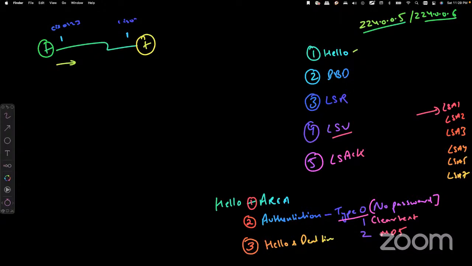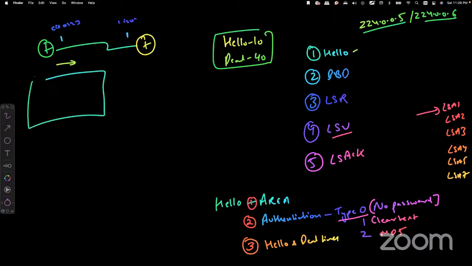What is the hello timer in OSPF? 10 seconds. And the dead timer is 40 seconds. Normally this is what we have. When we send a hello packet, we will send our router ID also, but it should not be the same, it should be different.